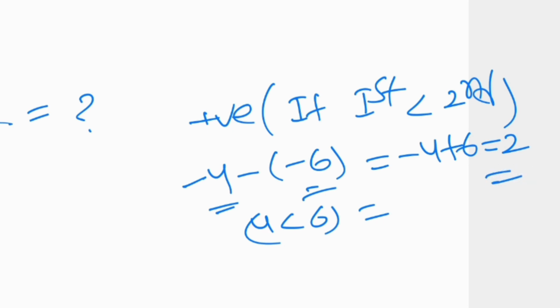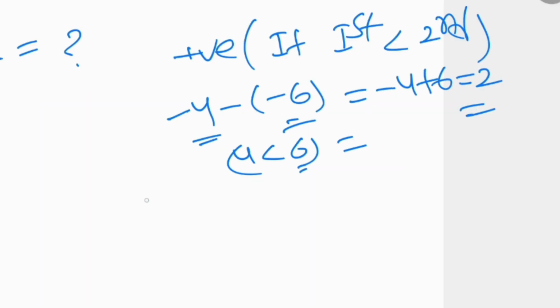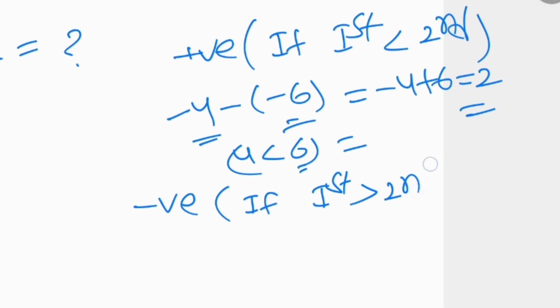Here we get a positive value when the first number is less than the second number. In the other case, we get a negative number if the first number is greater than the second number.